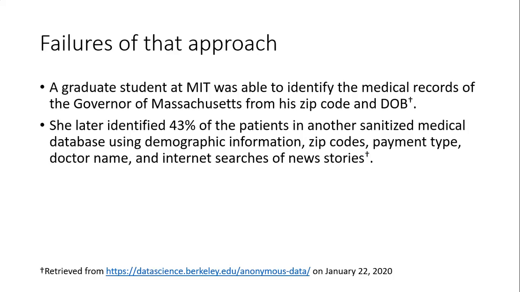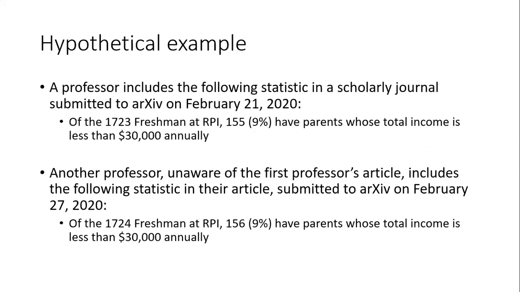You might think that the information that you released doesn't breach anyone's privacy, but you don't know what other information is going to be able to be linked to that. So for a hypothetical example, imagine that a professor here at RPI releases the following statistic in an article that they write: of 1,723 freshmen at RPI, 155 of them have parents whose total parental income is less than $30,000 annually.